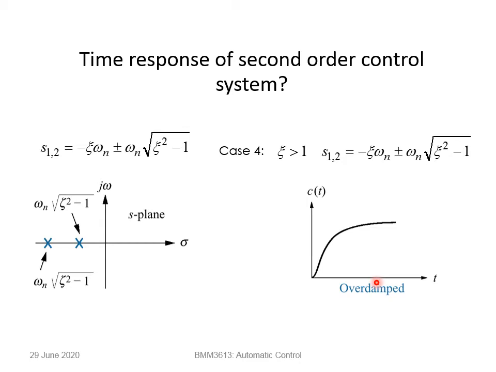So there you go, the four cases of undamped, underdamped, overdamped, and critically damped, seen from the point of view of the value of zeta.